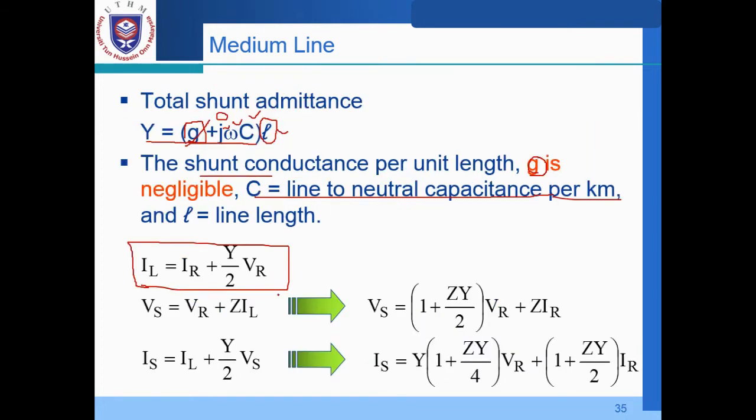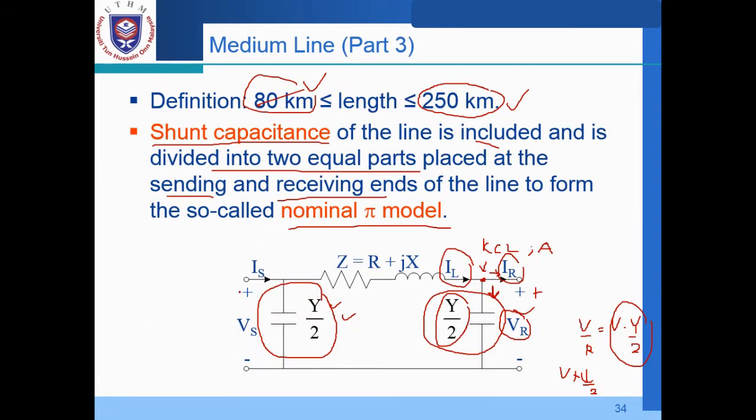And then from here, this is similar to what we have seen in the short model. So Vs equal to VR plus Z IL. We can see from this relationship, also we have Vs over here, so we have this one, IL multiplied by Z, as well as the VR at the receiving end part.